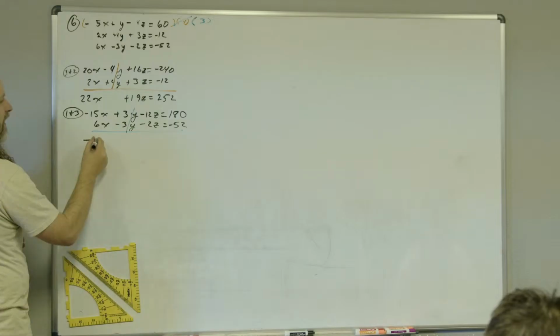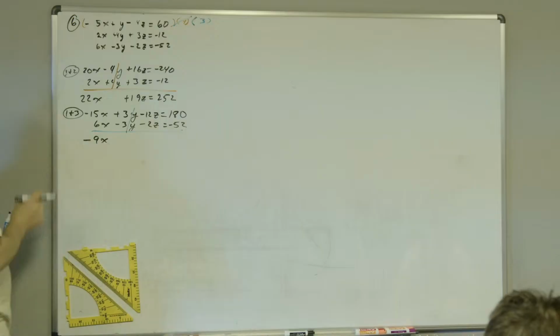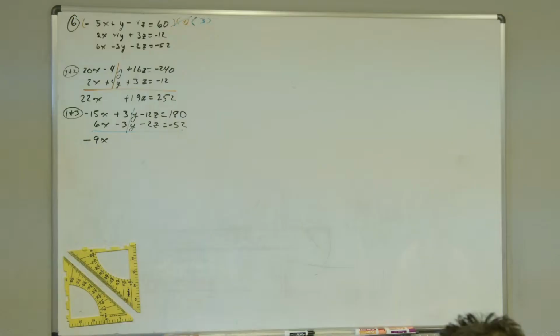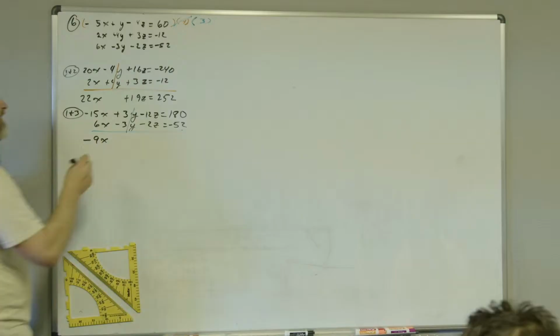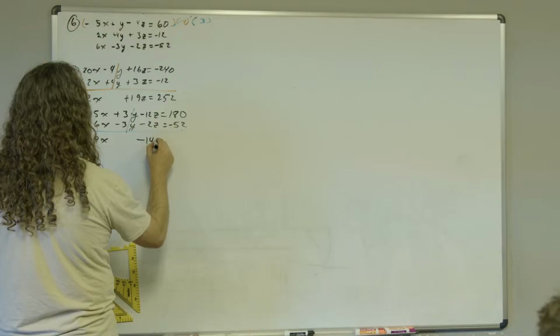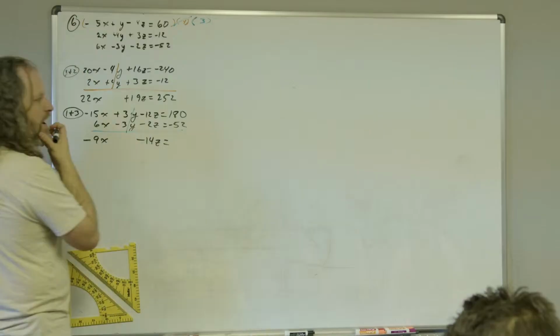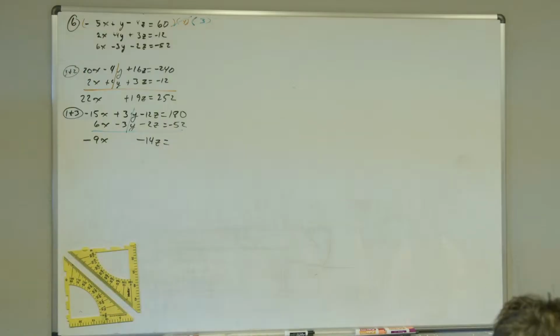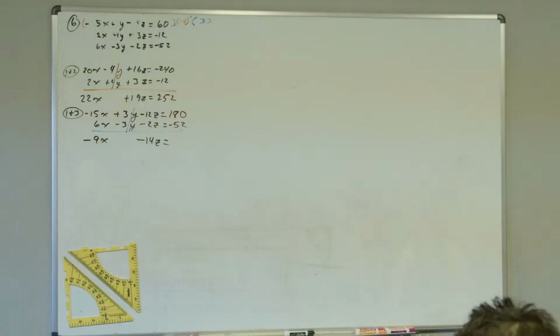Negative 9x, yes. The negative 12z minus 2z is what? Negative 14z. And then 180 minus 52 is what? 128.